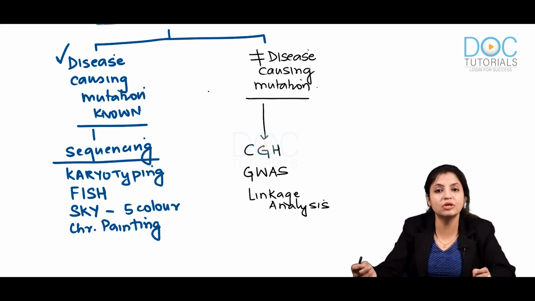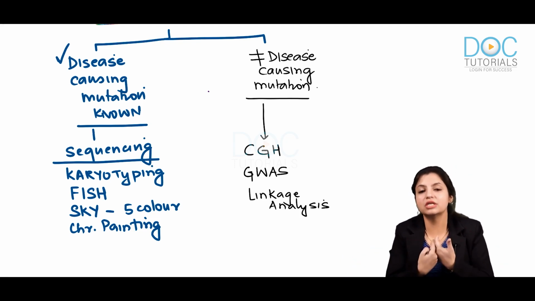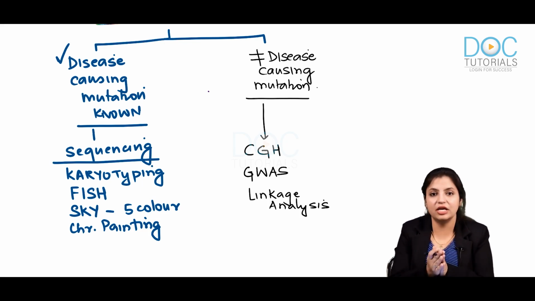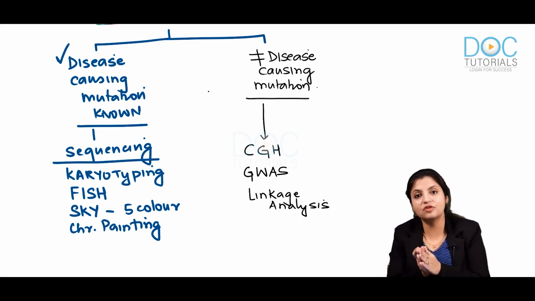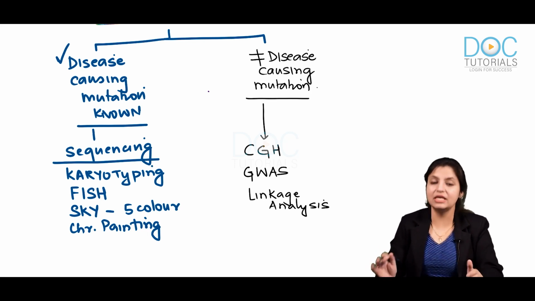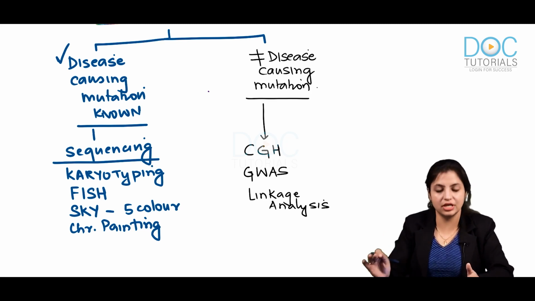I hope you remember polymorphism, single nucleotide polymorphism, and their close inheritance with certain genes. Linkage analysis is used for those techniques. So whenever you don't have an idea of the disease causing mutation, you are left with comparative genome hybridization, genome wide association studies, and linkage analysis. So this is a basic platform to understand how we approach genetic disorders.